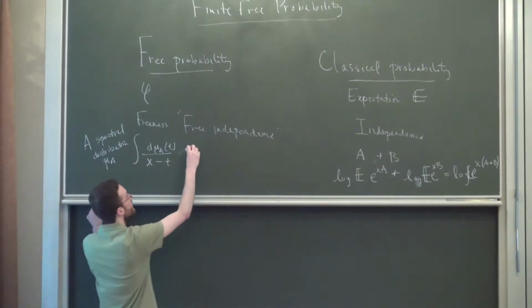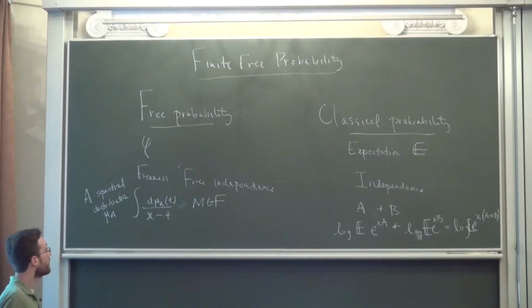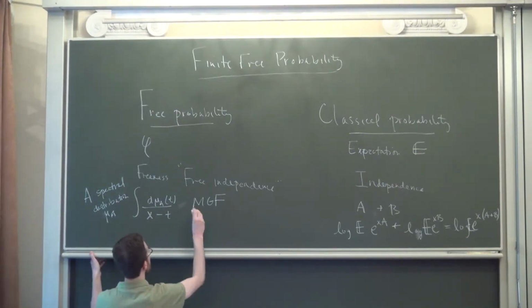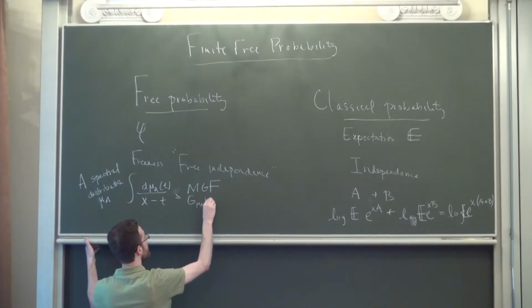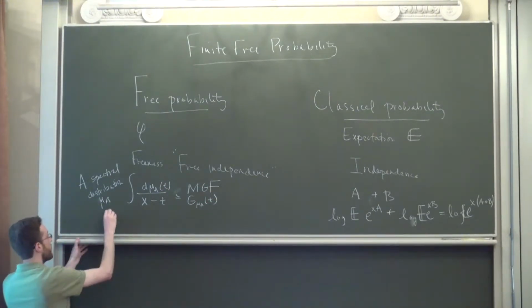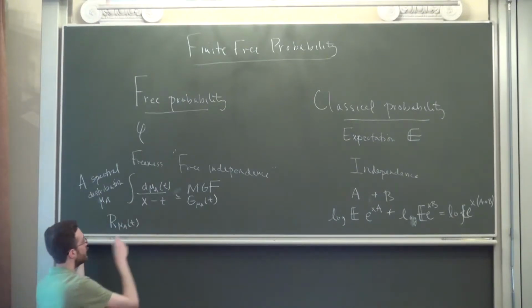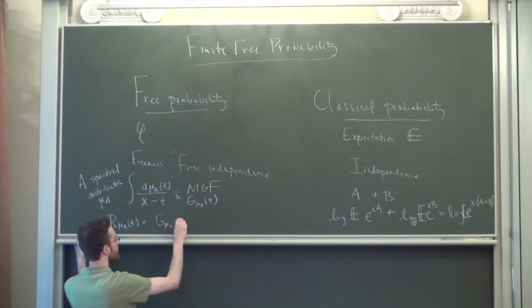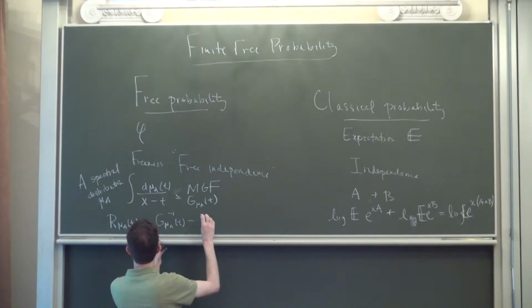This is the moment generating function. And then you form what's called the R transform. So this is G mu A of t. And then you form R mu A of t, which is G mu A t inverse minus 1 over t.